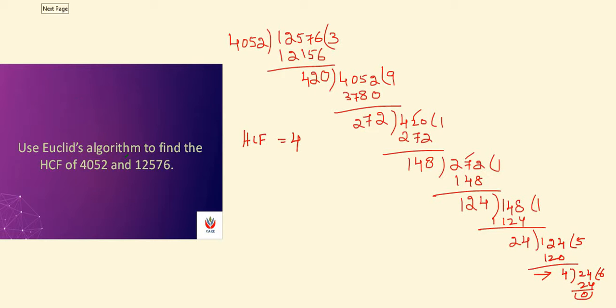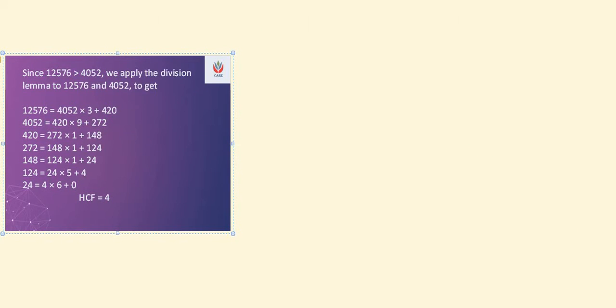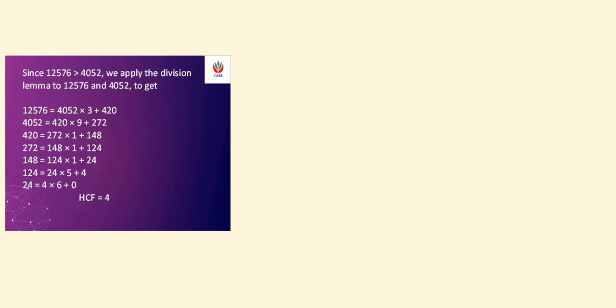Same thing we can write like this also. The steps I have shown earlier we can write in this way. Ultimately you are getting 4 as the remainder, and that 4 is the HCF of this problem.